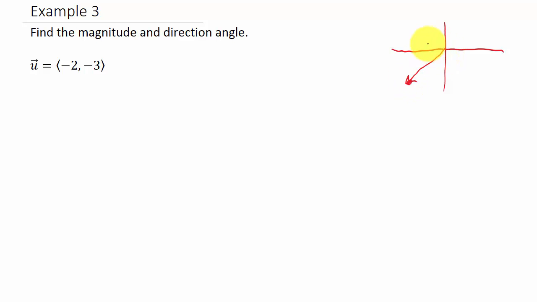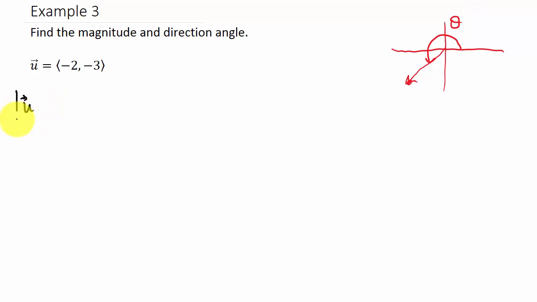And notice I didn't count 1, 2, and go down 1, 2, 3. I don't really care exactly where it is. All I'm really concerned about is what quadrant it's in. Okay, and we can see that this is in the third quadrant. So here's theta.